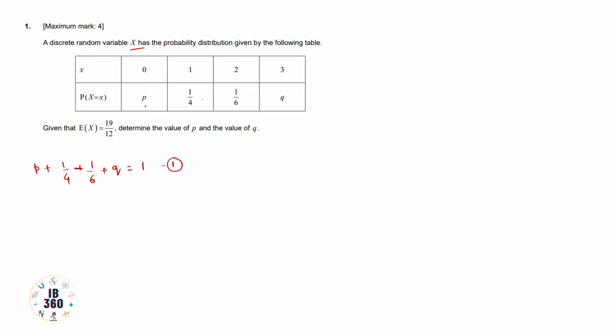And for the number 2 equation, we can take the expectation, that is E of X equals 19/12.